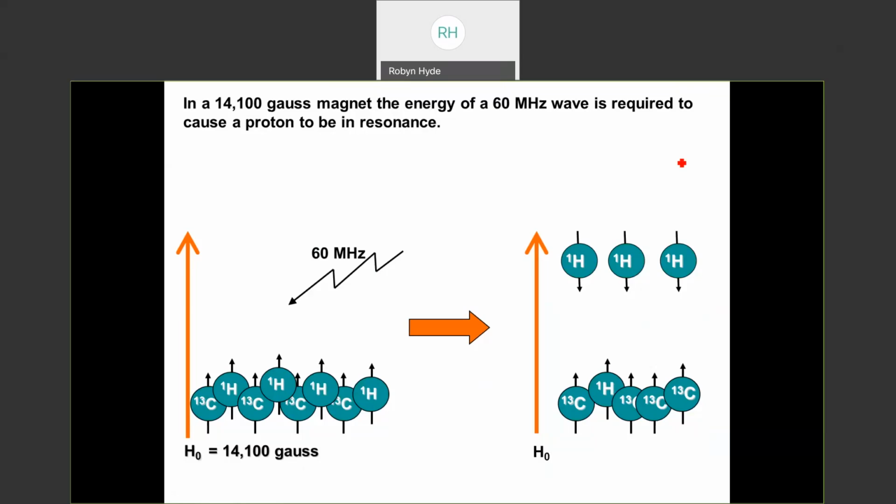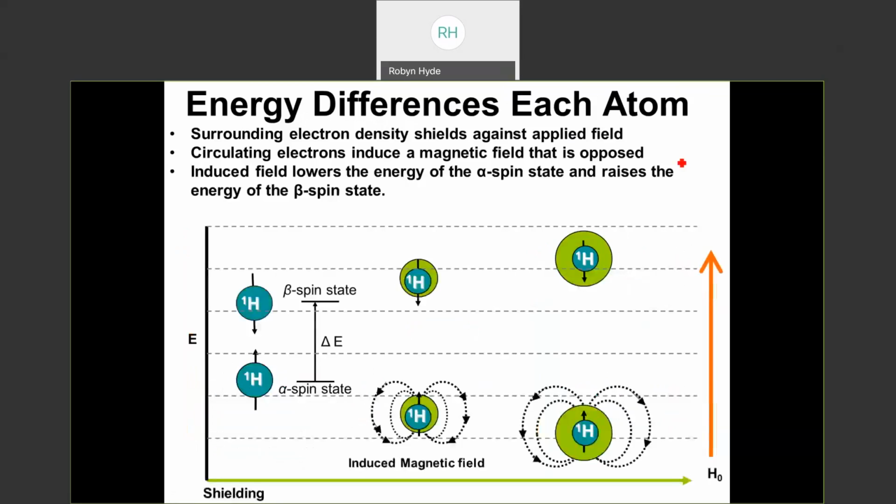But then here's the other. Not every proton is the same. Not every carbon-13 is the same as other carbon-13s or as other protons. So our protons, often we think about them as being naked. So this is my example of a naked proton. So a naked proton would have a very particular delta E value. But our atoms are protected by electron density.